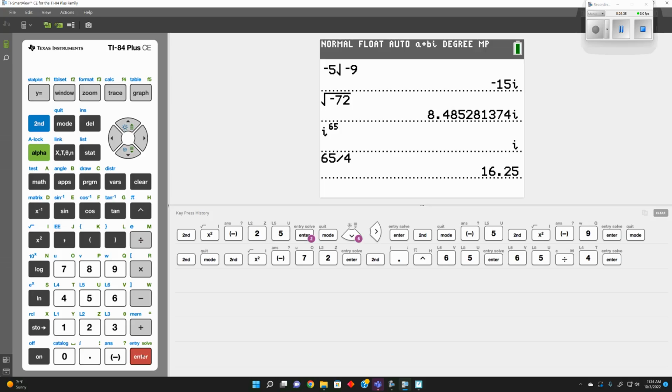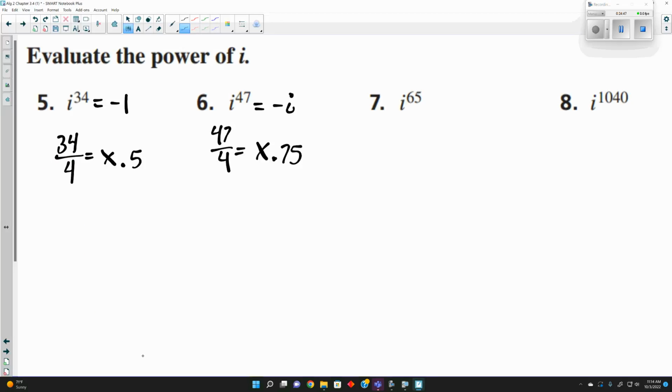What did you click to get the i right there? Second, in our decimal. So the answer is i. Because again, the decimal is going to correspond to which of the 4 that we have.